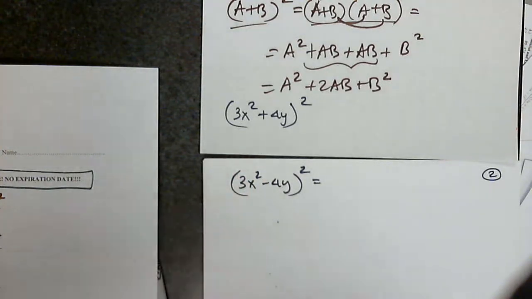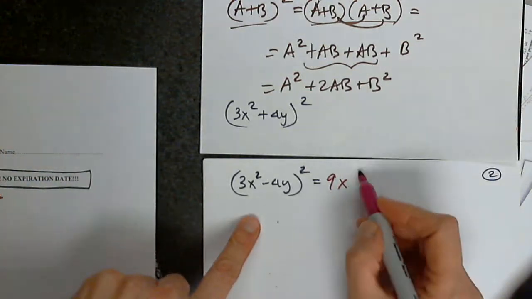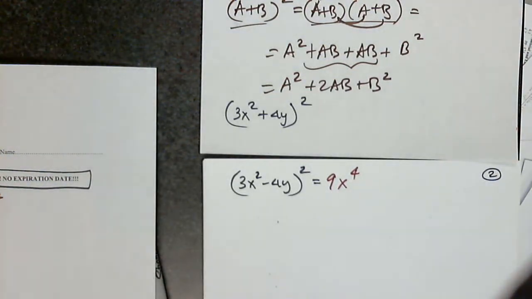This squared. Remember when I square a product of factors, I have to square both factors. 9x to the 4th. Do we all agree it's okay? Do we all agree with this? Yes? I don't want anyone to fall behind. Are you with me? Yes.